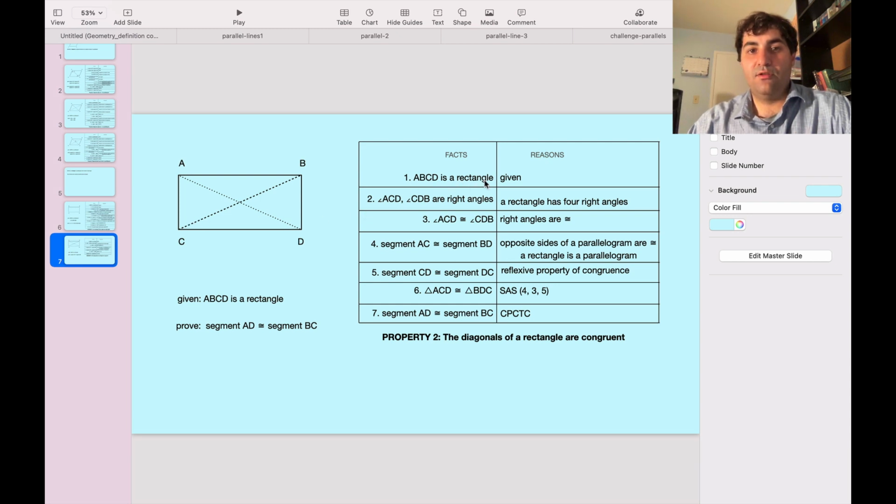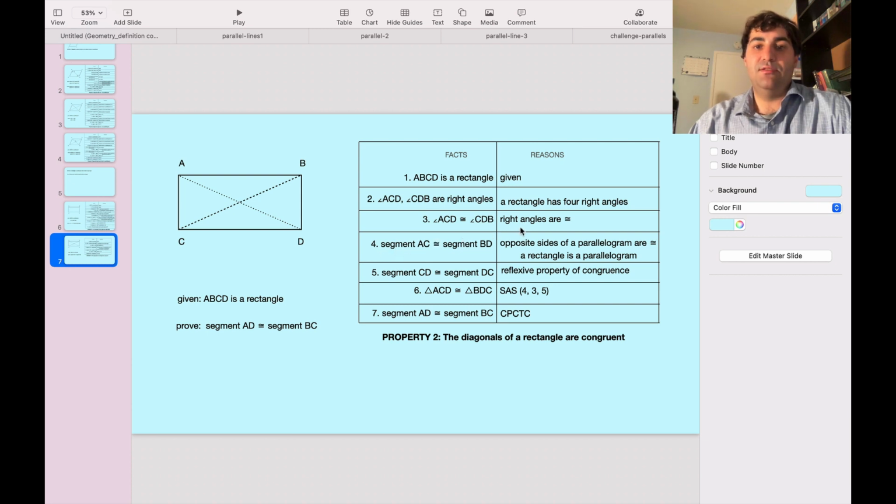ABCD is a rectangle, and we know since a rectangle has 4 right angles that angle ACD is going to be congruent to angle CDB, since right angles are congruent.